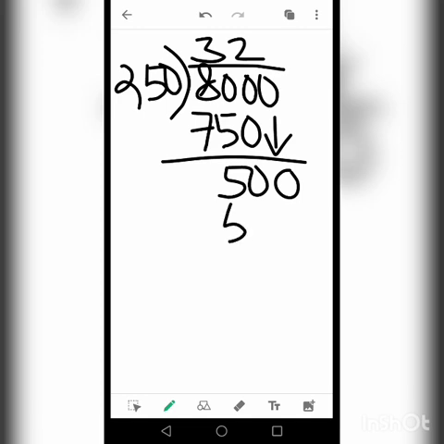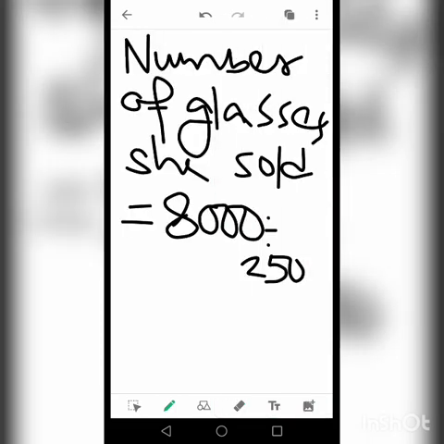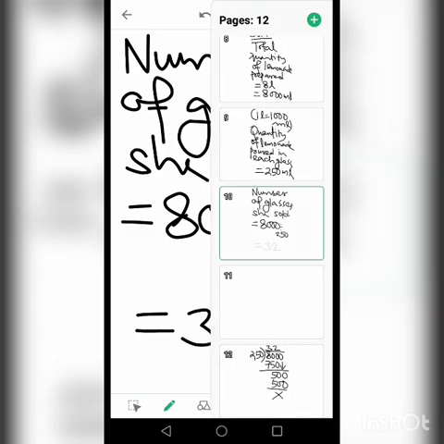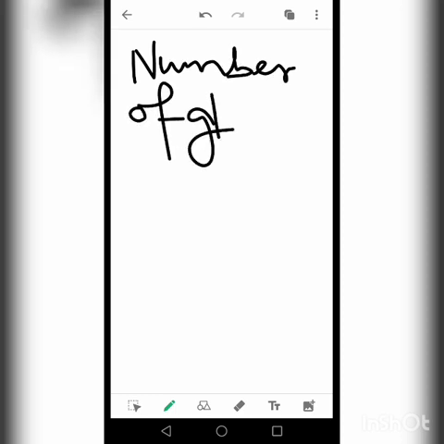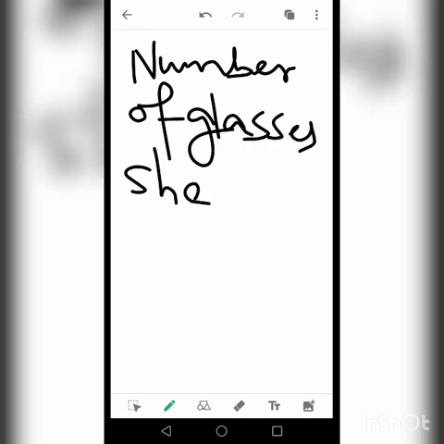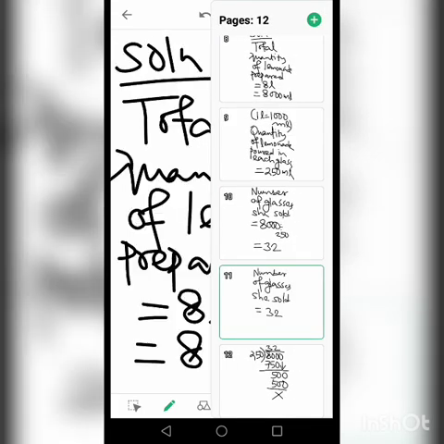Put 2 in quotient. 32. So we got here 32. Final answer we'll write in this board. Number of glasses she sold equals 32.